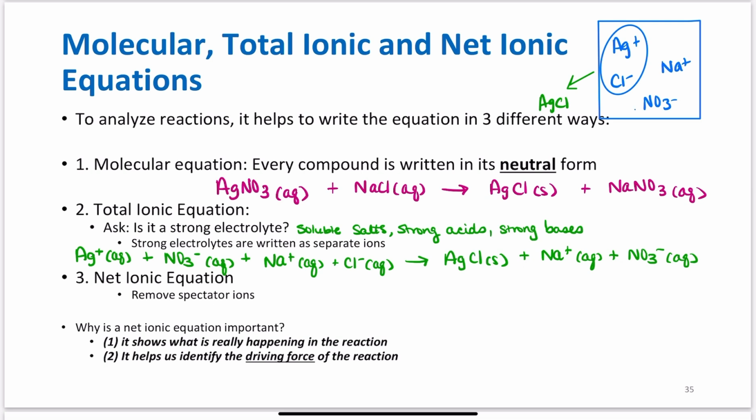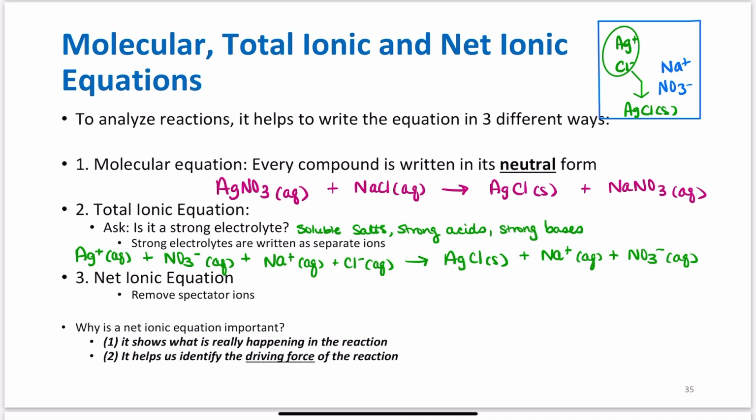They're going to form that in solution, and then precipitate out as solid silver chloride at the bottom of my beaker. And so I no longer have silver ions and chloride ions in solution. I just have the sodium ions and nitrate ions floating around. The silver ions and chloride ions that were originally there are what paired up to form my solid.